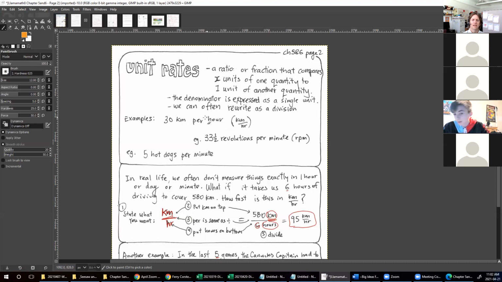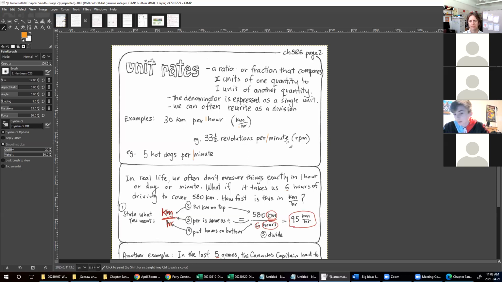You would always say it's per 1 hour or per 1 minute or per year or whatever it is. So the second number, when you do the division, it's so many kilometers per 1 hour. And we'll see that again. So a unit rate, or a rate, is 30 kilometers divided by 1 hour, or 30 kilometers per 1 hour.